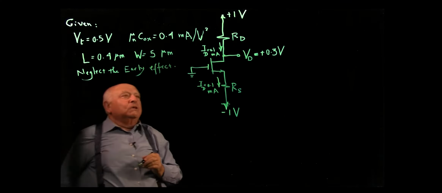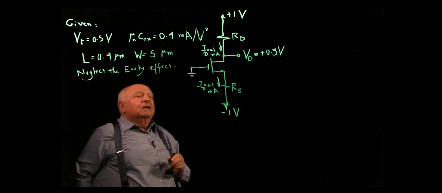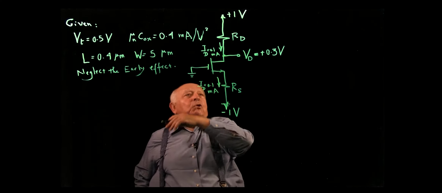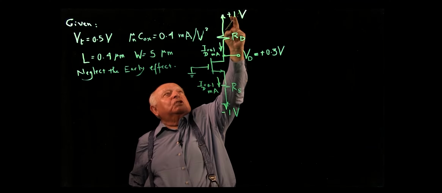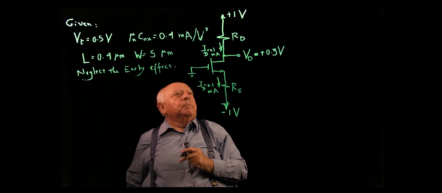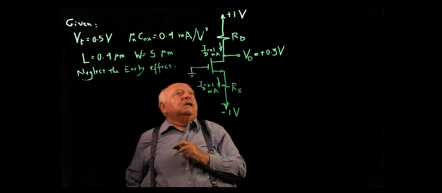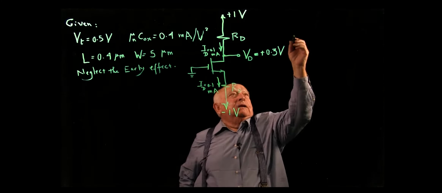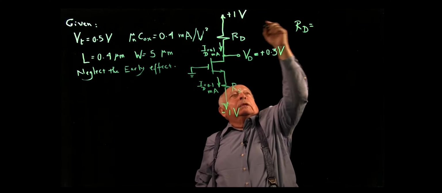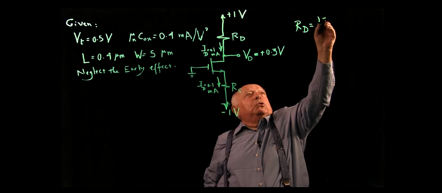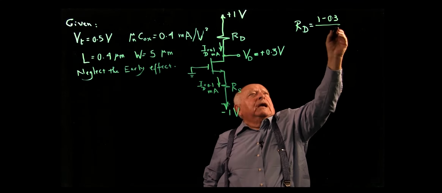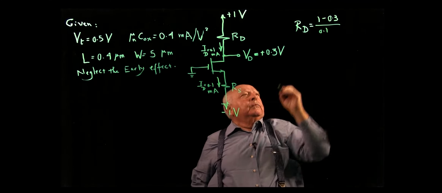So, where do we start? The place that I would start is right here, without doing any more calculations. Say that the voltage here is plus 1 volt. We want the voltage here of 0.3 volt. Then we can find the value of RD. Simply, RD is equal to 1 volt minus 0.3 volt, divided by the current, which is 0.1 milliamp.